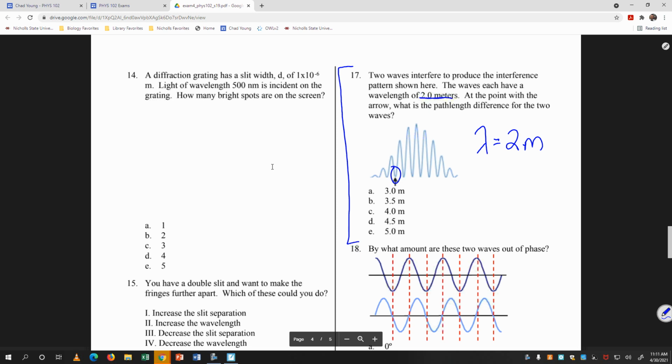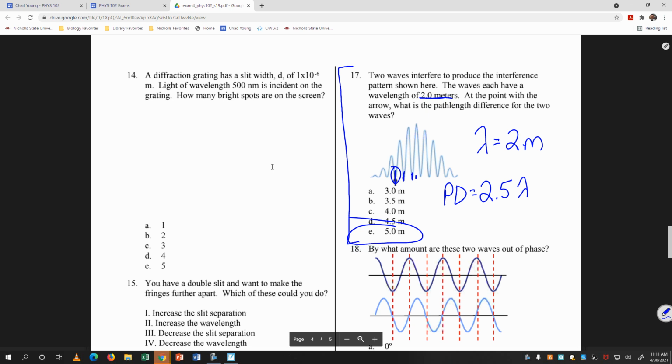I can count them up here. Here's the central maximum. So this is 1/2 wavelength, 1.5 wavelengths. This is 2.5 wavelengths. So my path length difference has to equal 2.5 wavelengths. Since my wavelength is 2 meters, 2.5 times 2 is 5 meters. You're going to have a question that's something like that. Look back at the old exams, there are variations on those, but you'll definitely have a question like that.